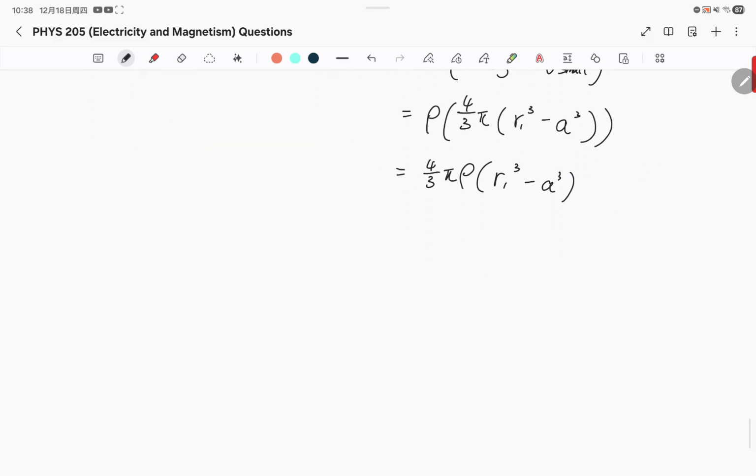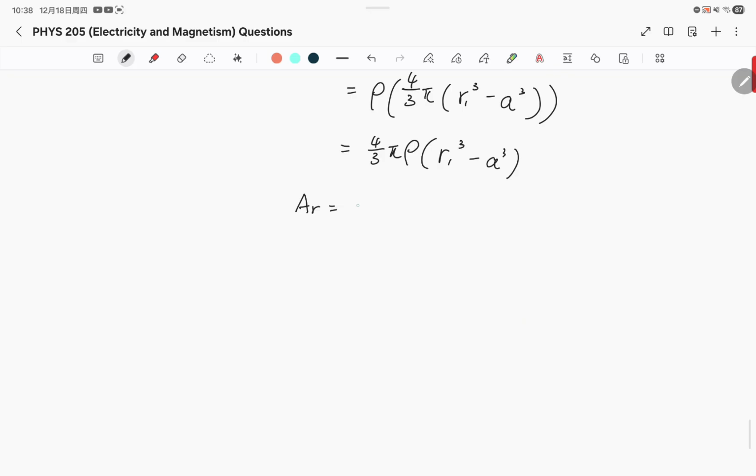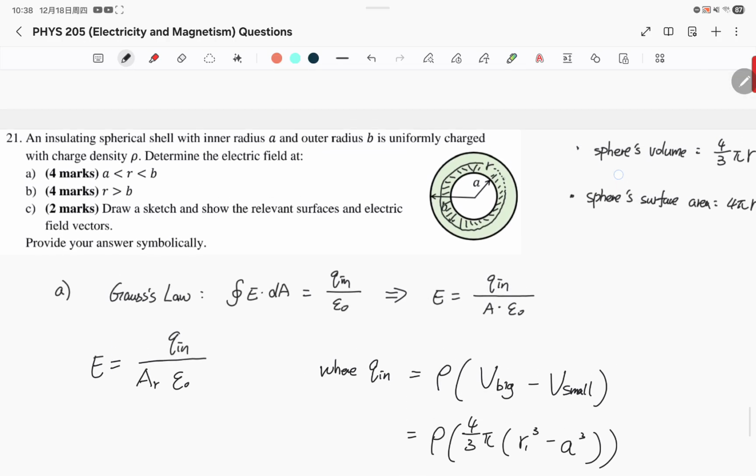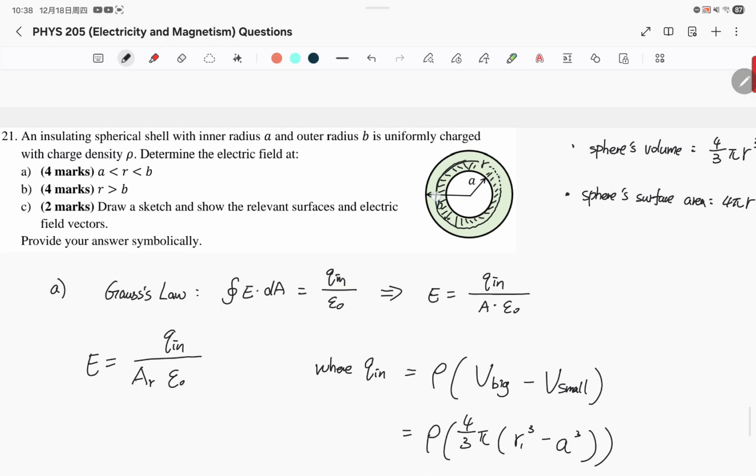And our surface area A is equal to 4 pi R squared, the surface area of this sphere.